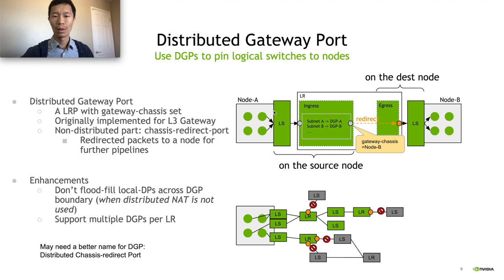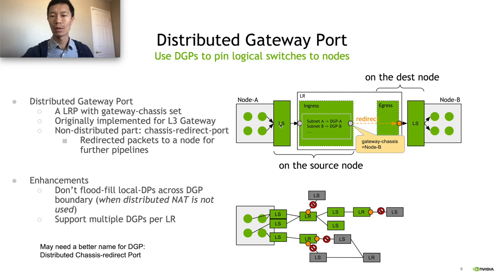So in this diagram, a workload on node A needs to send the packet to a workload on node B. Node A and node B each have their own node level logical switch, and of course also a node level subnet. Both logical switches are connected by a single shared logical router.